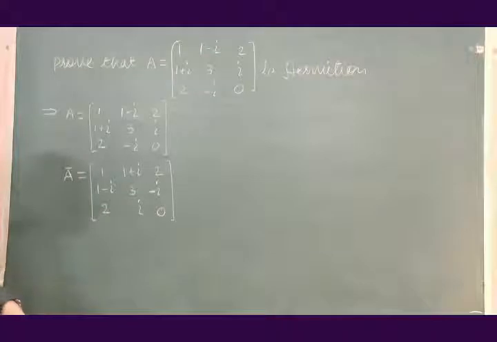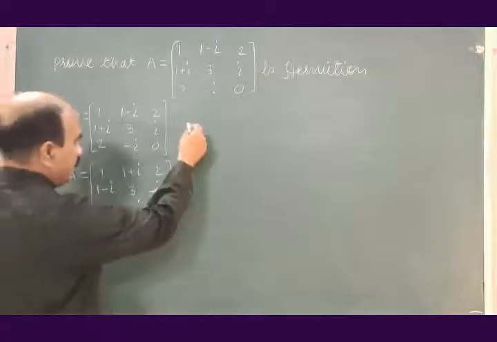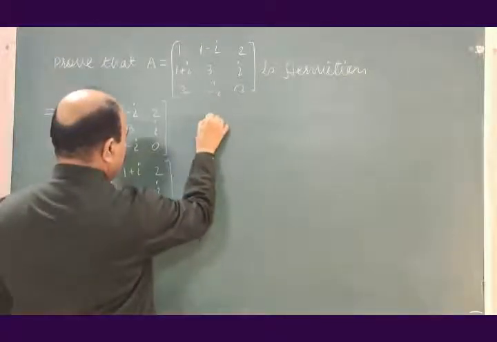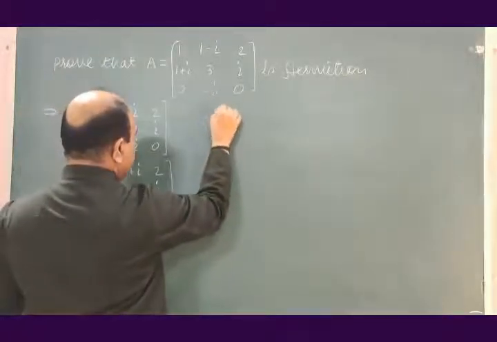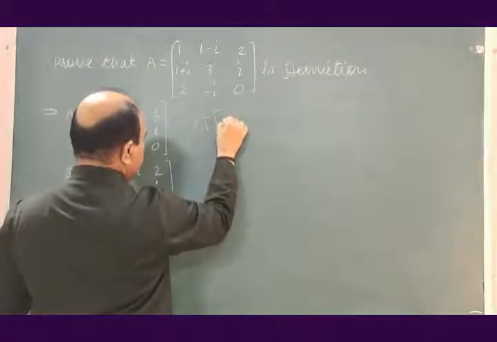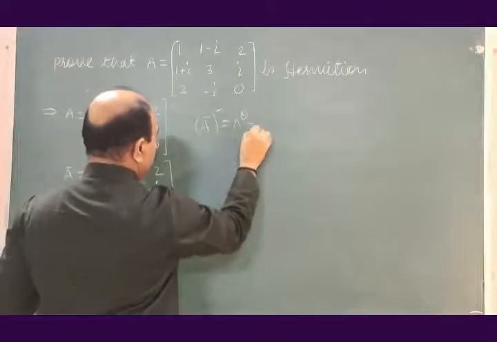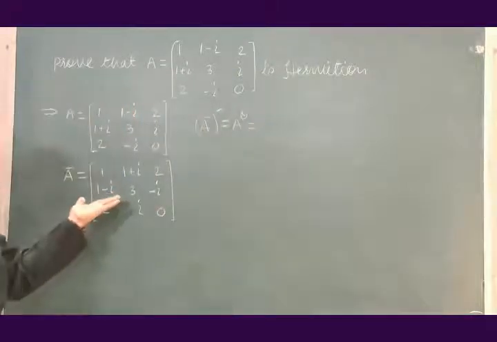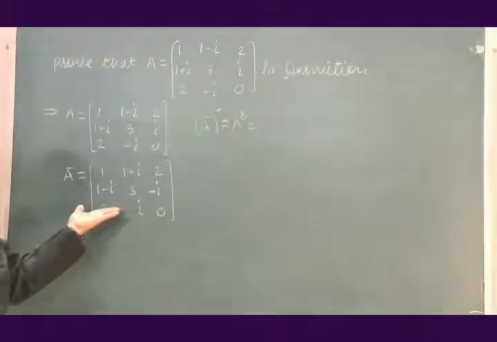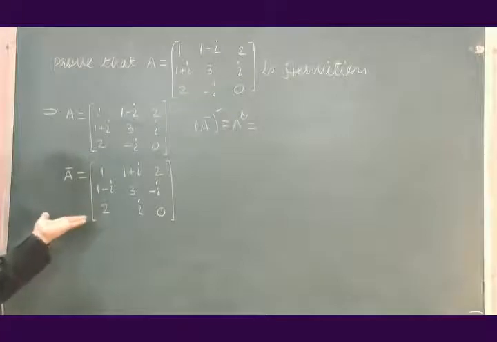Conjugate of a matrix is obtained by changing the sign of the imaginary part. Then the transpose of the conjugate, which is equal to A theta, is obtained by interchanging the rows and columns of this conjugate matrix.